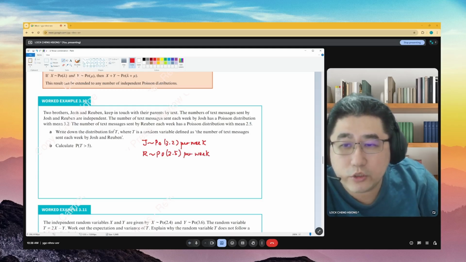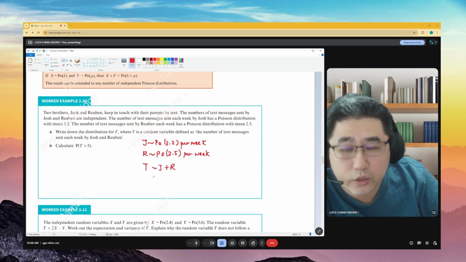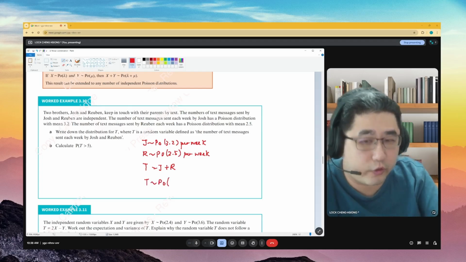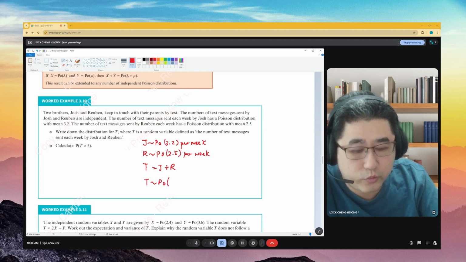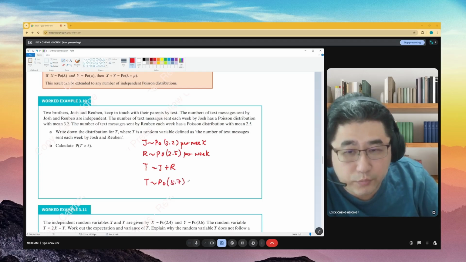Write down the distribution of T, a random variable defined as the number of text messages sent each week by Josh and Ruben. Therefore, T is a Poisson of 3.2 plus 2.5, so you have 5.7 per week.